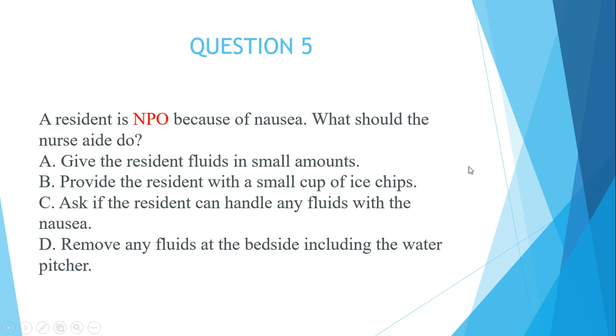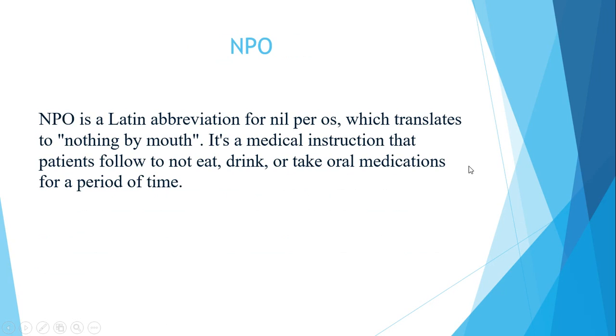Let's go to the next slide before we explain. NPO is a Latin term, nil per os, meaning nothing by mouth. If anybody is on nothing by mouth, it means no food, no drink, even medication, by mouth. So let's go back and answer that question.